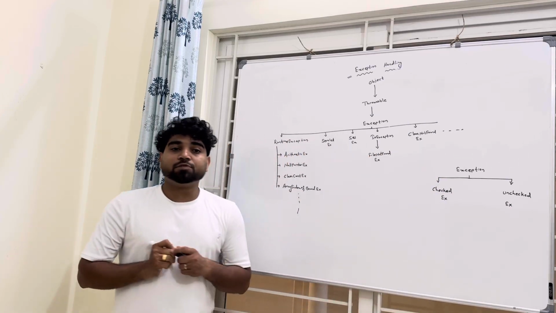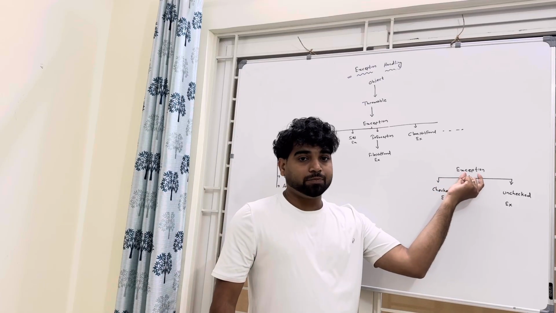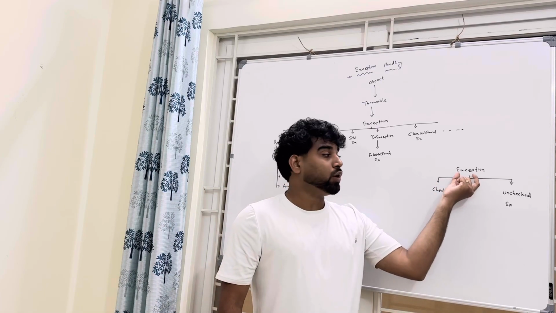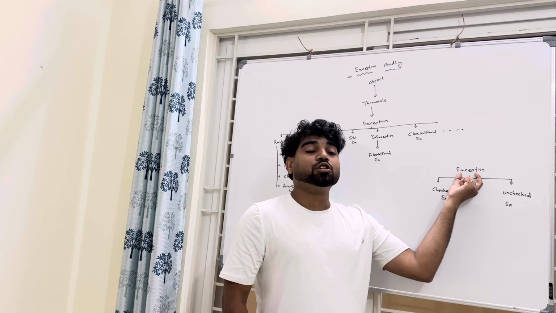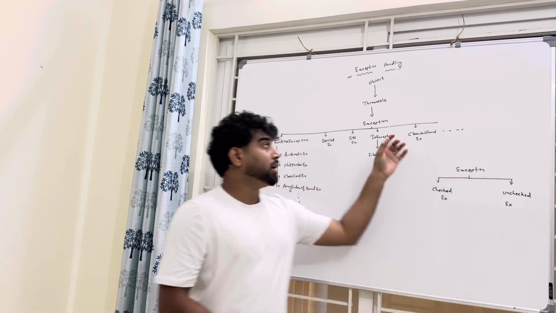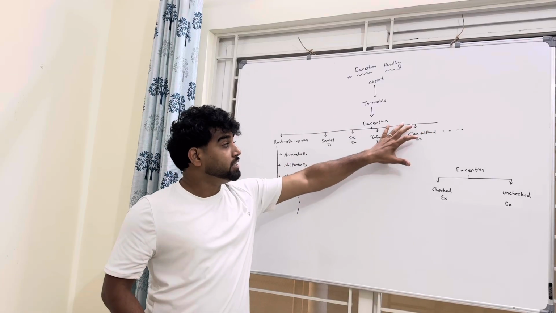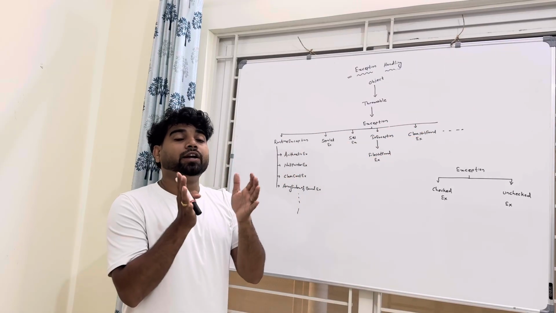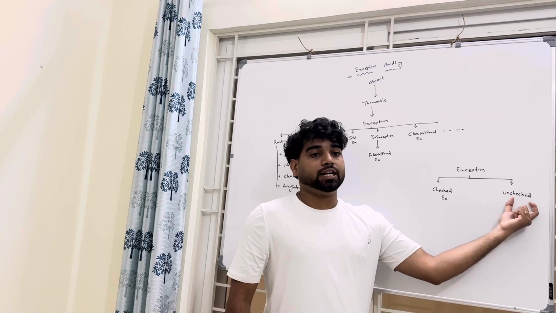I am not talking about a class here, but the exception itself. What do you mean by exception? Some issue. So how many types of exceptions do you have? These exceptions are classified into two types: checked exception and unchecked exception.